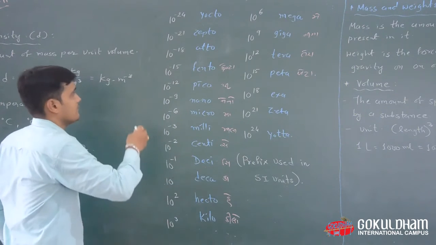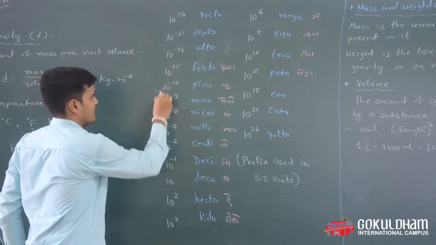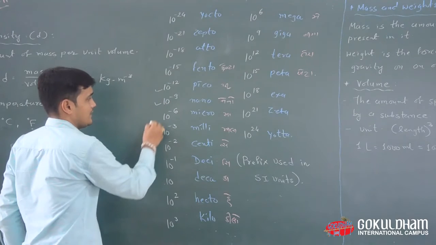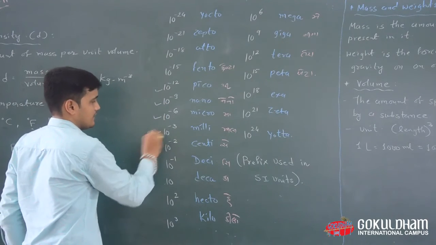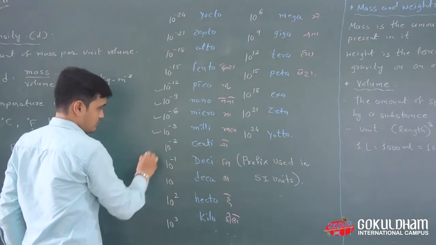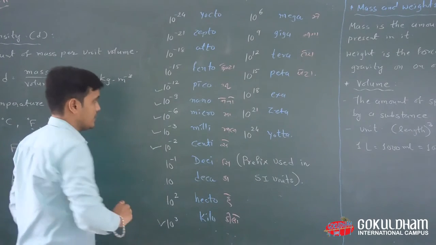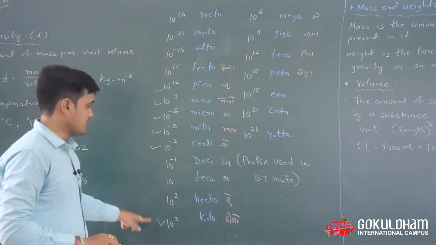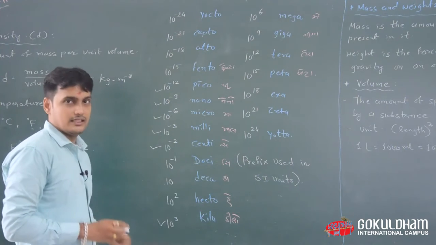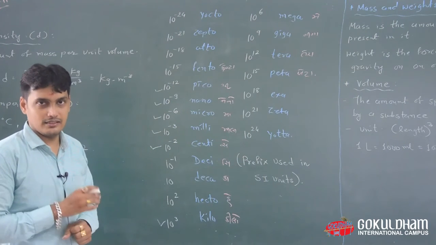In your 11th standard, 10 raised to minus 12, 10 raised to minus 9, 10 raised to minus 6, 10 raised to minus 3, 10 raised to minus 2, and 10 raised to 3. These 6 units are repeatedly used in your 11th standard in examples.